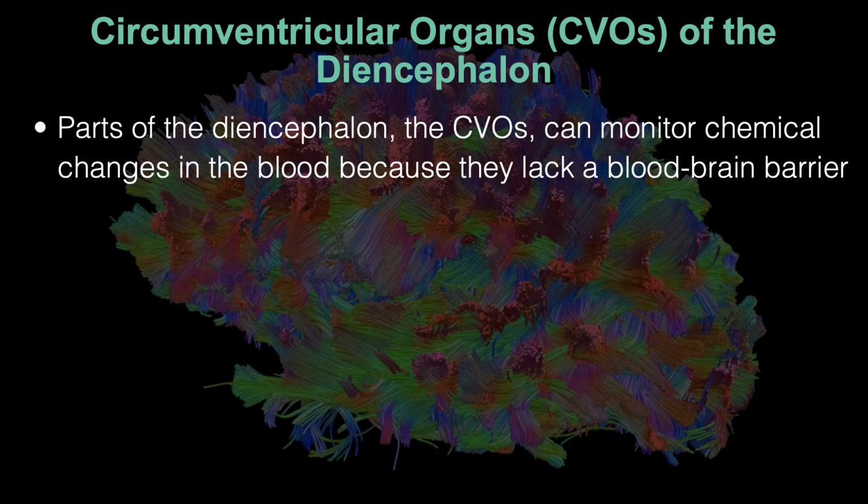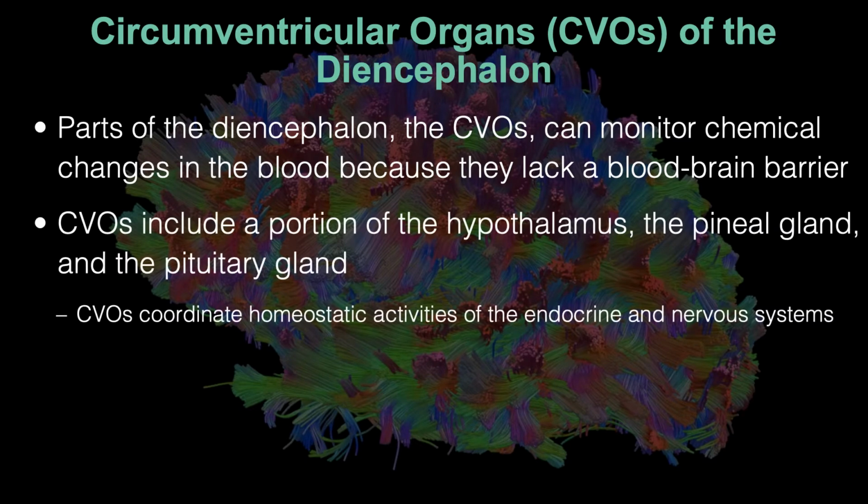What's important is that they directly monitor changes in cerebrospinal fluid, and they are purposefully exposed. They're not protected by the blood-brain barrier. So things in the blood, things in the cerebrospinal fluid can be directly sensed by these regions.